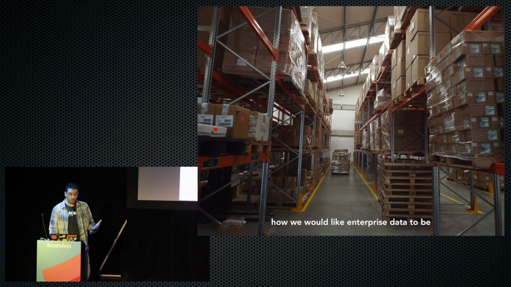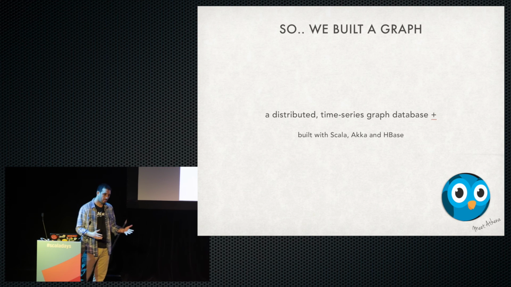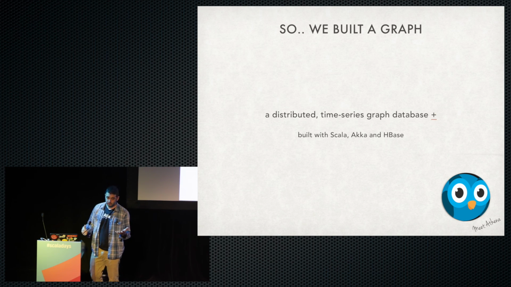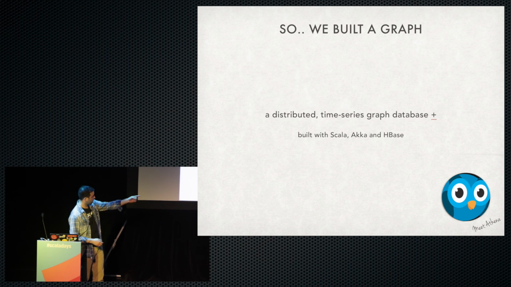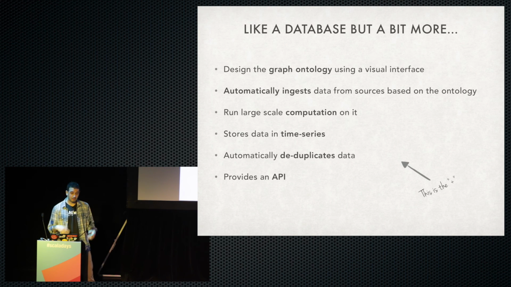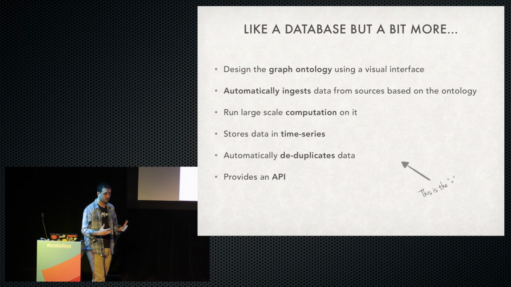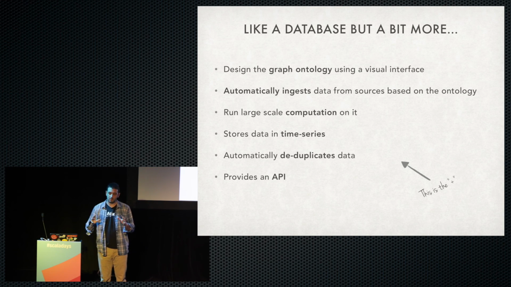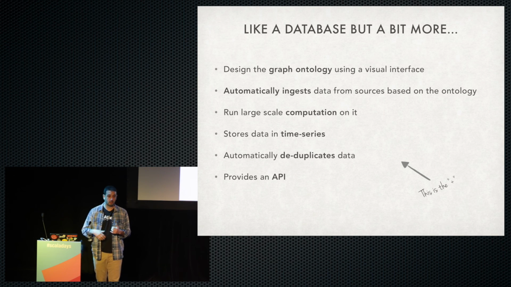But what we did is we decided to build a graph. In this case, a distributed time series graph with Scala, Akka, and HBase. And actually, that's our little logo for it. It's called Athena. And it's like a database, but it does a bit more. So first off, you get to design the graph schema, or the model, if you will, in a visual interface.